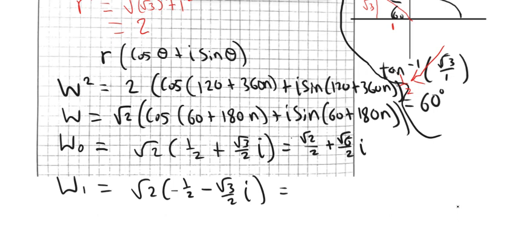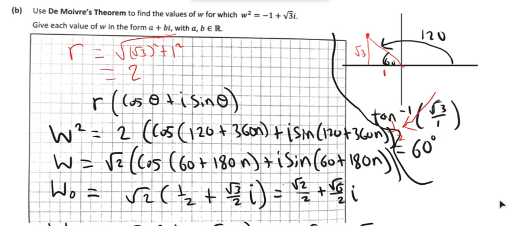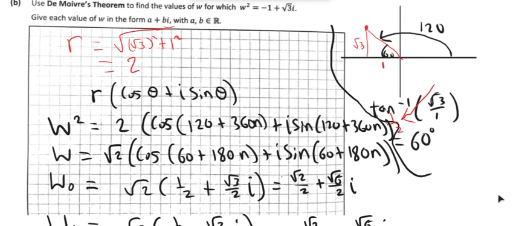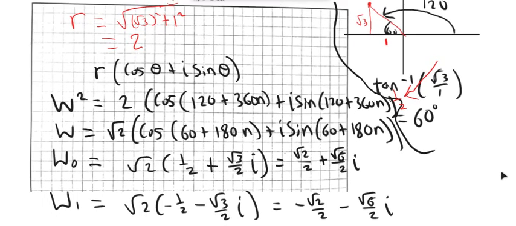So it'll be minus root 2 over 2 minus root 6 over 2 i, and that's all we need to do then. So that's part B.